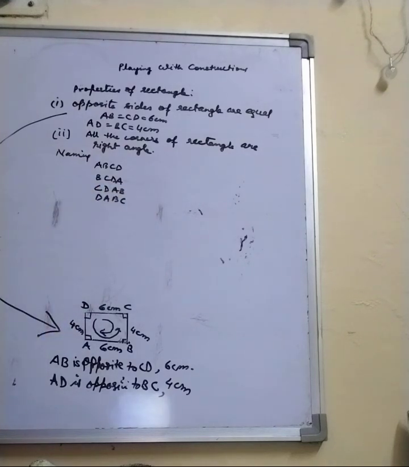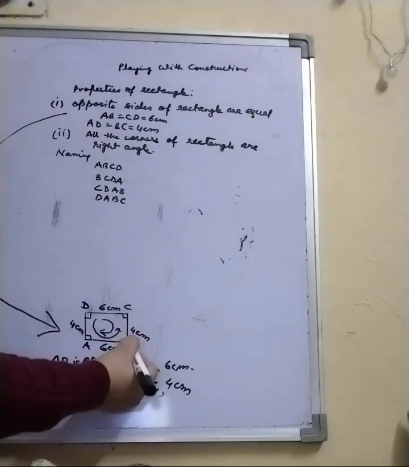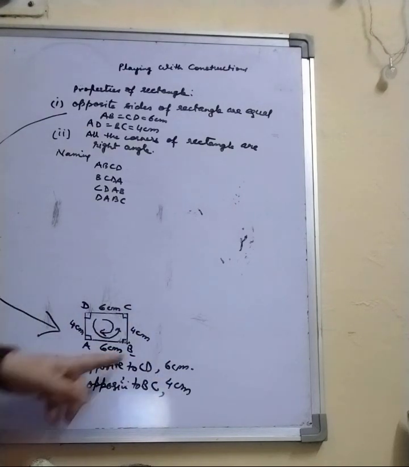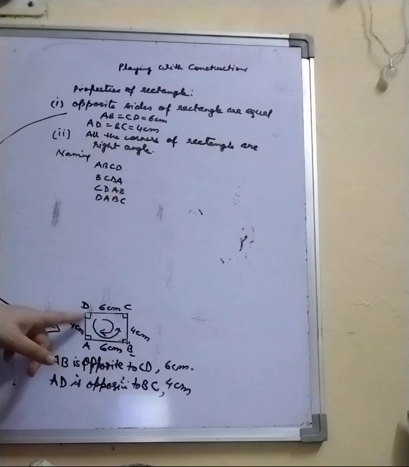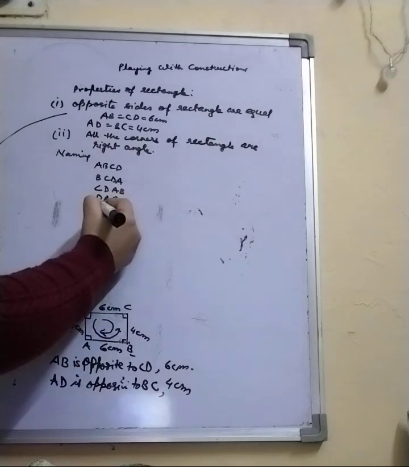So these four, then you can take another corner, you can start from another corner. This was anti-clockwise, now you can go clockwise. So what would you write?